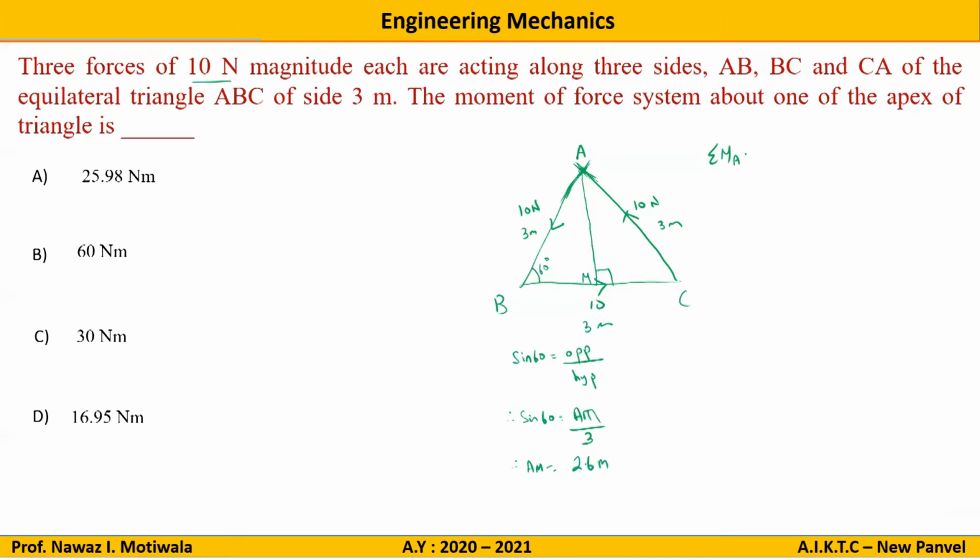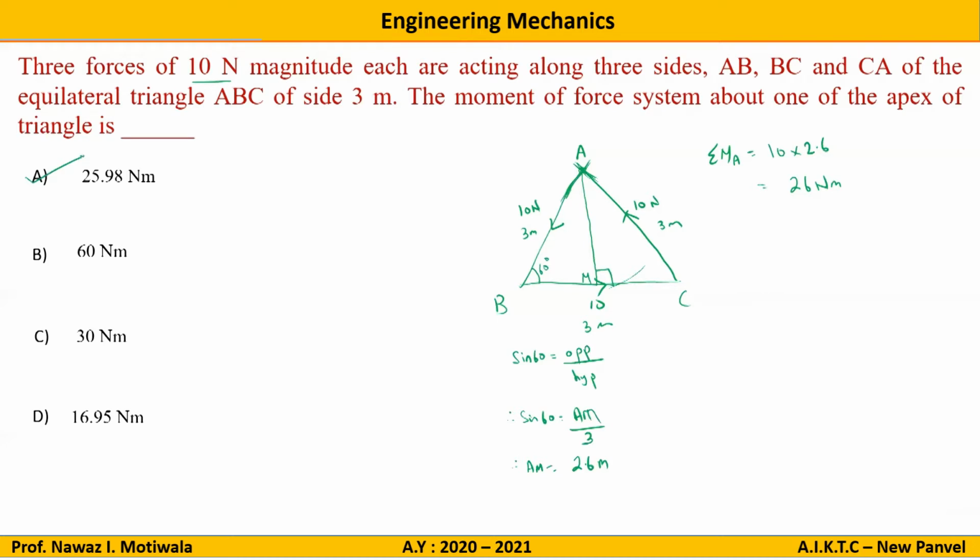So if it is 2.6, the moment about A will be, since this is making an anti-clockwise moment, 10 multiplied by 2.6, which is equal to 26 Newton meter. It is approximately equal to 25.98.